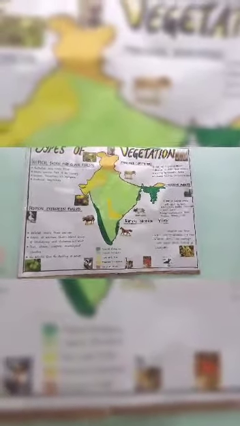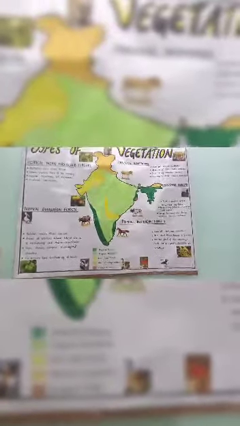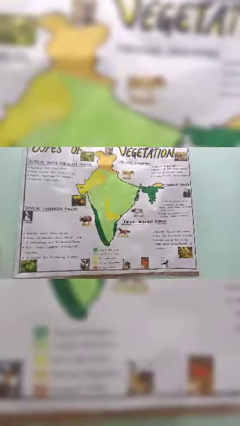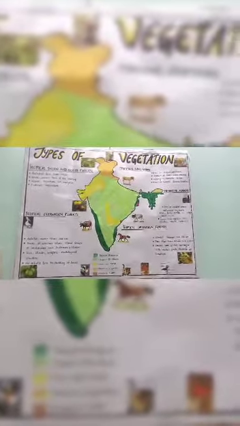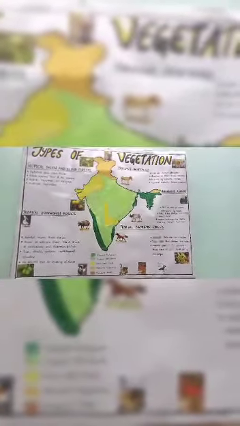From the map we can identify that deep green is used to represent tropical evergreen forest, light green for tropical deciduous, bright yellow for thorn and scrub, deep yellow for mountain forest, and a brownish shade for the mangrove forest. I have also attached a few images of plant and animal species which are seen in each of these forests, and I have marked some of the important points under each of the forests.